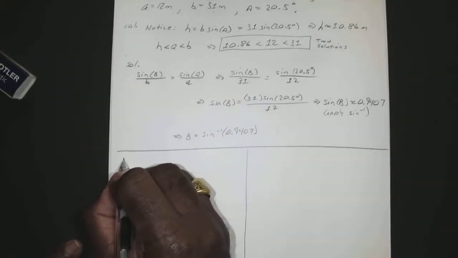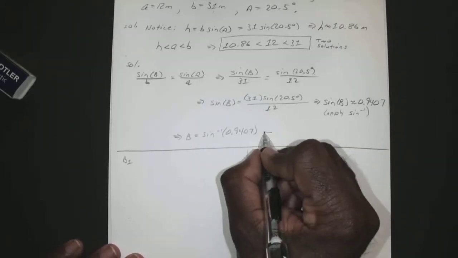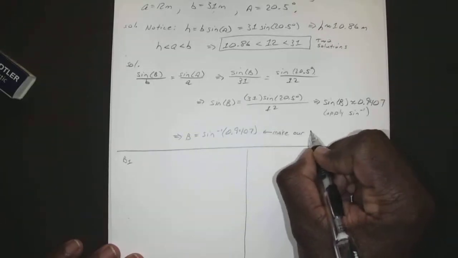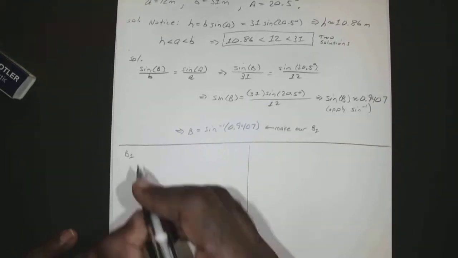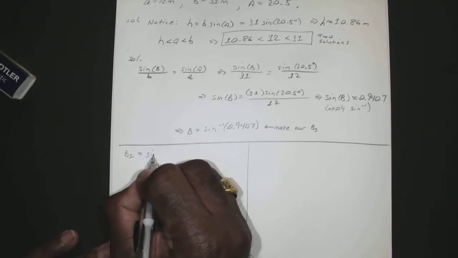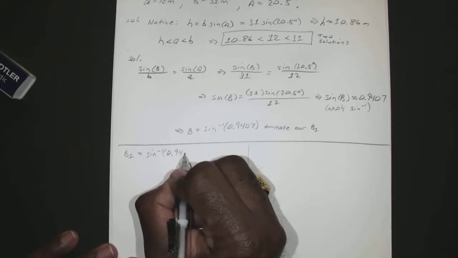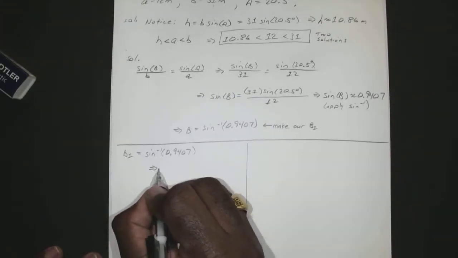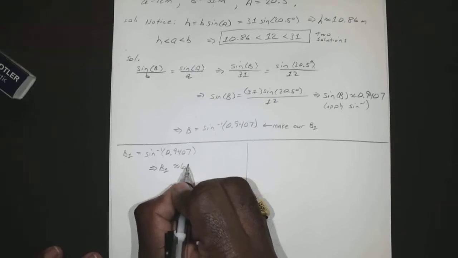Okay, so in this case, we can make this our B1. B1 is equal to sine inverse of 0.9407, which means your B1 will be equal to about 64.8 degrees.